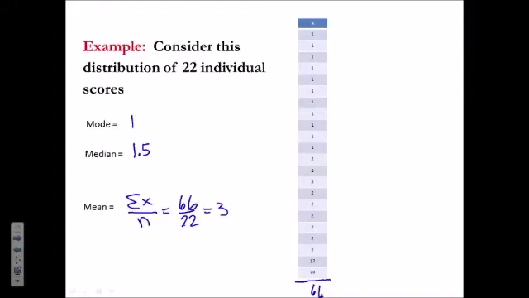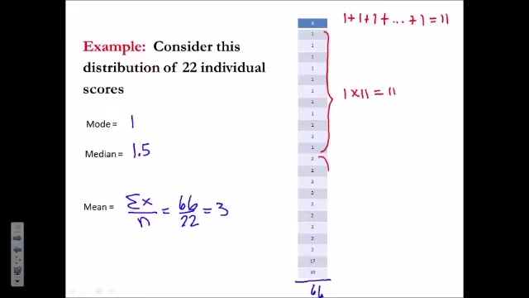There is a faster way to get the sum of the scores. For example, if we took all the 1s, and instead of adding 1 plus 1 plus 1 plus 1, etc., to get 11, we could use multiplication as a shorthand for repeated addition and say 1 times 11 to give 11.